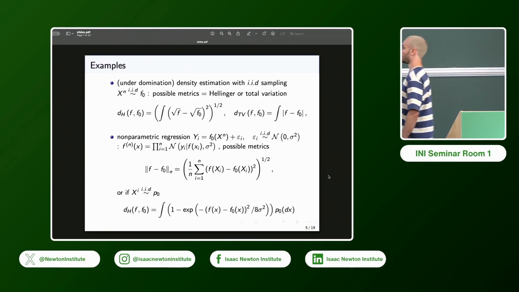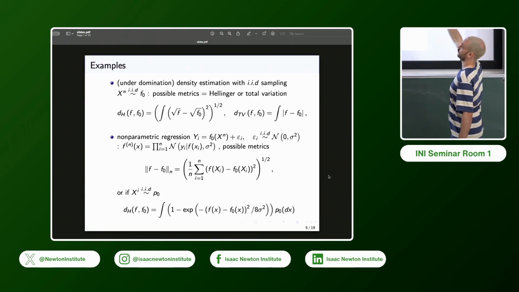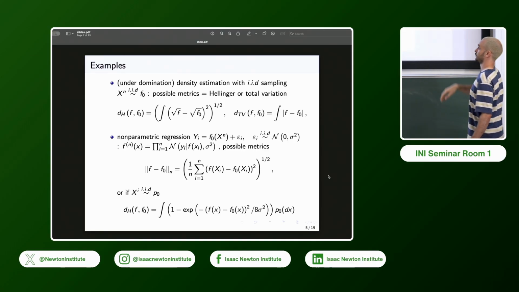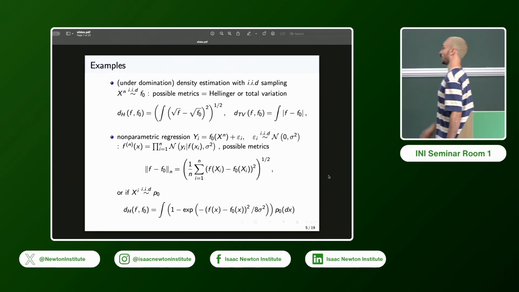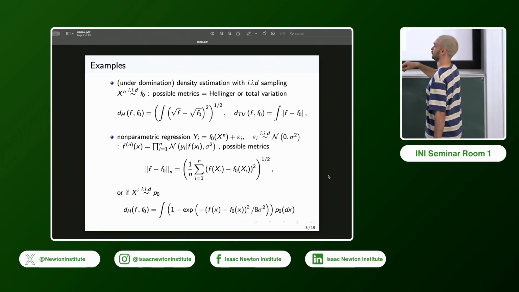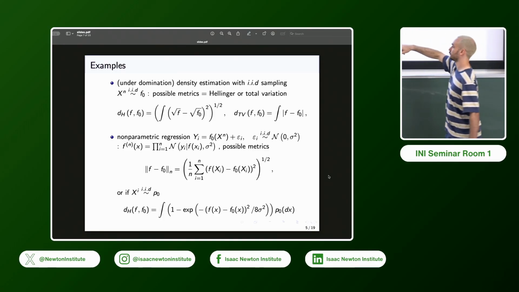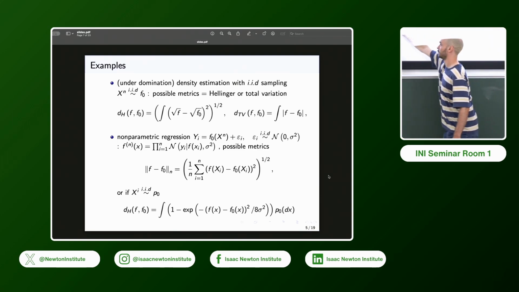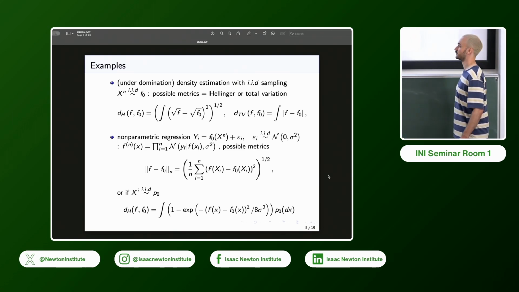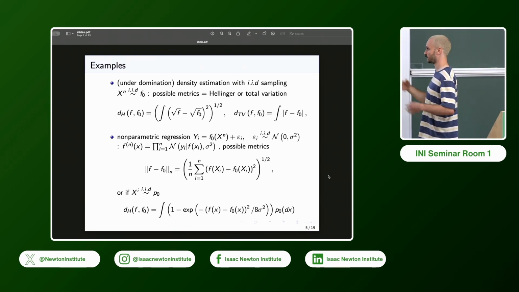Or, for the same reason as the first point, you can take the Hellinger distance between the distribution of the observed data, assuming that your design is itself random. So we're going to focus on this case where the design is actually random, so x_i is IID according to the distribution P_0.